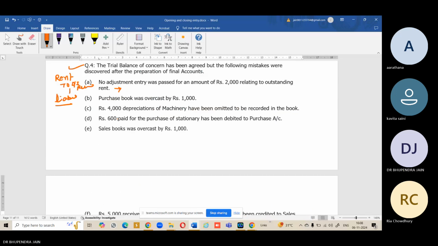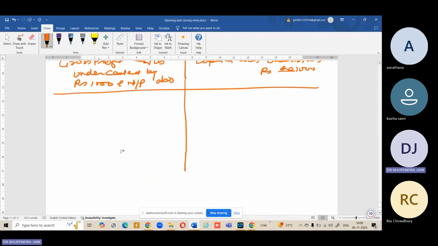Next, 4,000 depreciation of machinery has been omitted from the record in the books. We have failed to write down the depreciation in the debit side, so your profit has been increased. What will we write here, beta, in the case of C?